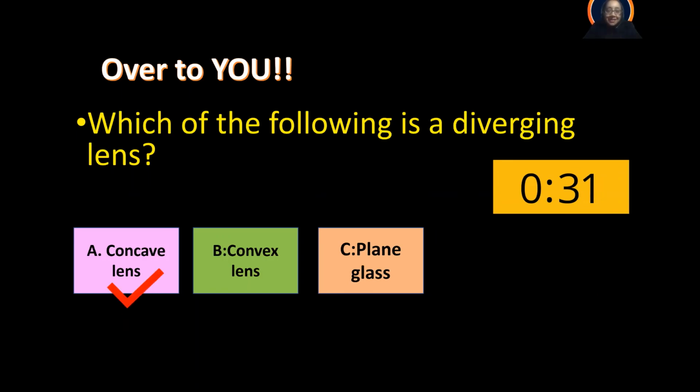The correct answer is concave lens, which is caved in from inside. That is a diverging lens. Convex lens is a converging lens, and concave lens is a diverging lens. Awesome, well done to those who tried and answered it correctly.